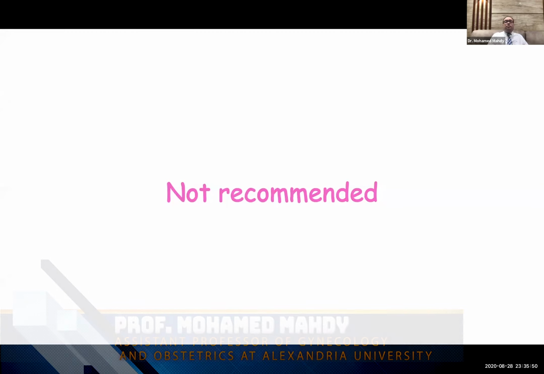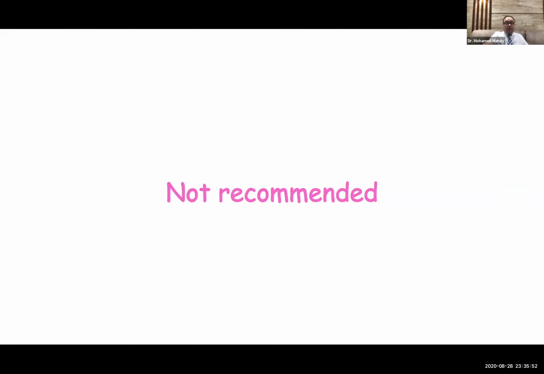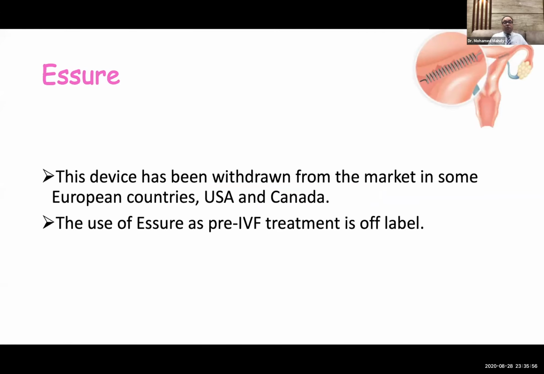Another method, which is not recommended now for treating hydrosalpinx, is the Essure system. This device has been withdrawn from the market in some European countries, the USA and Canada. Also, the use of Essure system before IVF is off-label use because it's only a contraceptive coil inserted inside the fallopian tube, not for treating hydrosalpinx.